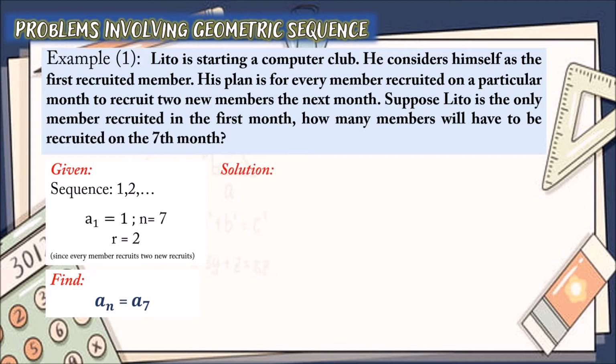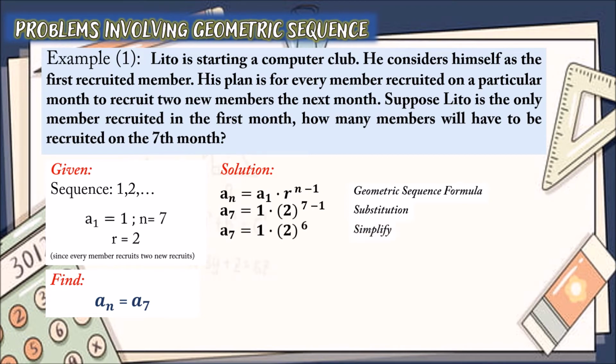So for the solution, ano kaya ang gagamitin nating formula? Gagamit tayo ng geometric sequence formula, which is a sub n is equal to a sub 1 times r raised to n minus 1. So, kailangan natin i-substitute yung mga given data sa ating formula. So, we will have a sub 7 is equal to 1 times 2 raised to 7 minus 1.